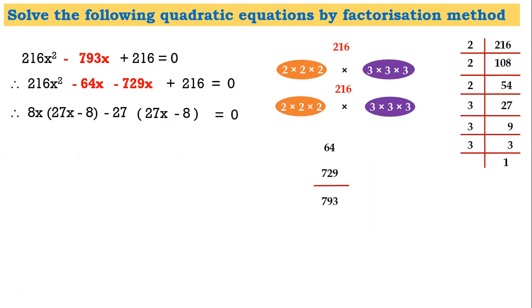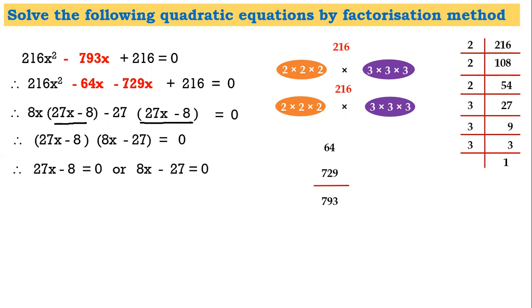Now once again, if you see the brackets, the two brackets are exactly same. So 27x minus 8 will be once again common. And what remains in the bracket would be 8x minus 27 equal to 0. Now once again, the product of two brackets is 0. Then at least either of the brackets should be 0. Then either 27x minus 8 is 0 or 8x minus 27 is 0.